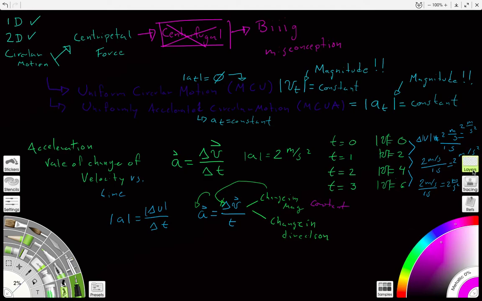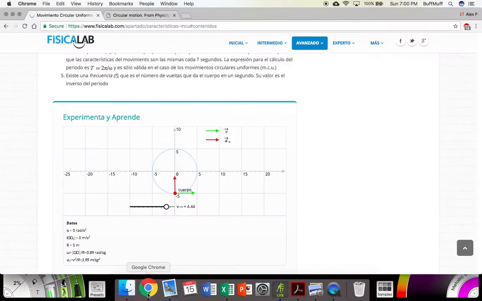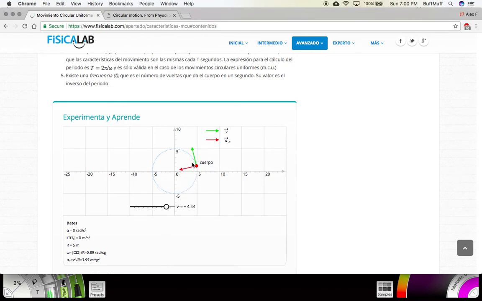Let's picture, for example, an animation that I want to show you that shows how a particle moves along a circle. Here it is. Don't pay attention to this red vector right here. Here I can change the magnitude of the velocity vector. This is tangential.